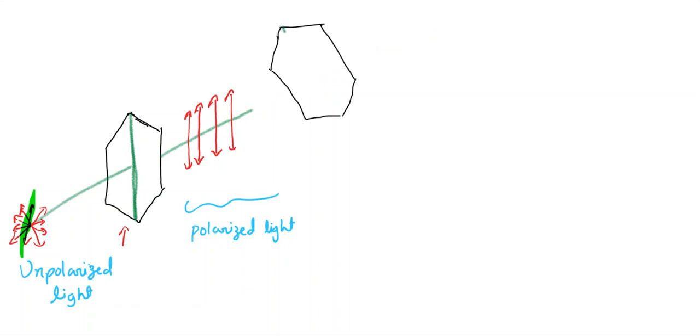Let us assume that this is the optic axis of the second tourmaline plate, and this is the line of propagation of the electromagnetic wave.